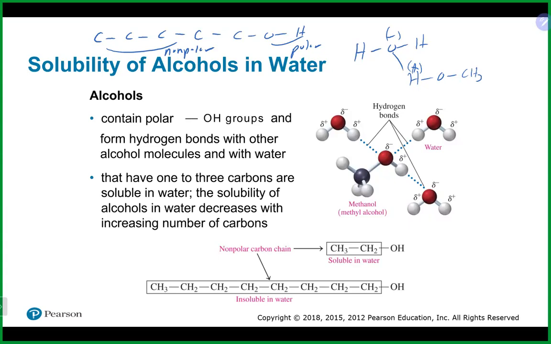It doesn't really fit very well. I think maybe I used an example one time about parking a semi truck in the garage. You might get some of it in there, but it's not going to fit. It's the same idea here when you try to put really large organic molecules, especially alcohols that have these big non-polar parts, into water. You're just not going to be able to interact really well, especially since they only have that small polar part.